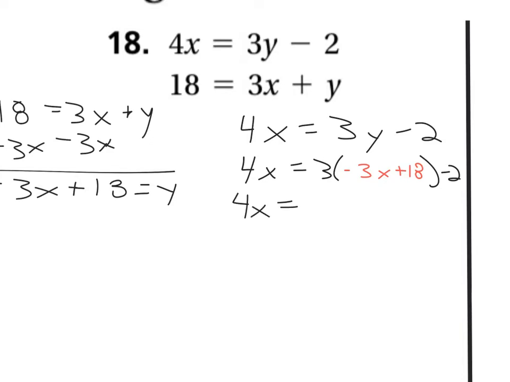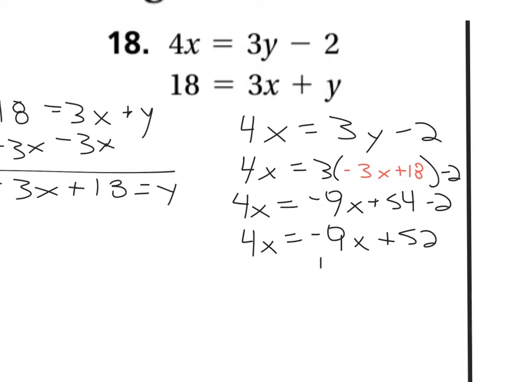We can solve this. 4x equals, I need to distribute this through here and there, and we get negative 9x plus 54 minus 2. Before I add that 9x to both sides, I should always be combining like terms. So these are like terms right here, and I'm going to combine those constants. 4x equals negative 9x plus 52.